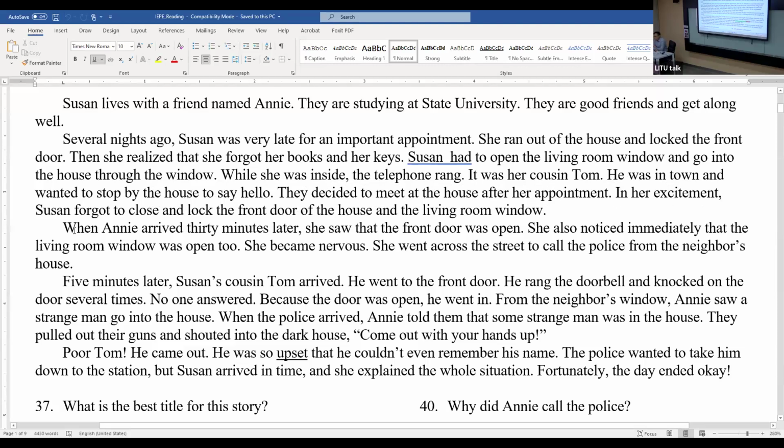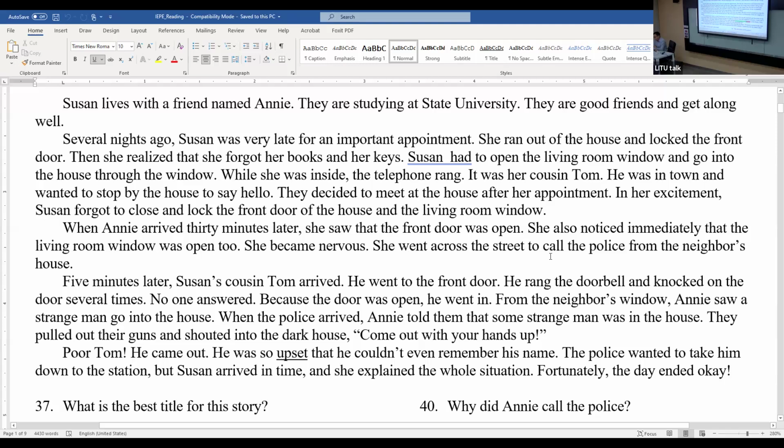In her excitement, Susan forgot to close and lock the front door of the house and the living room window. When Annie arrived 30 minutes later, she saw that the front door was open. She also noticed immediately that the living room window was open too. She became nervous.